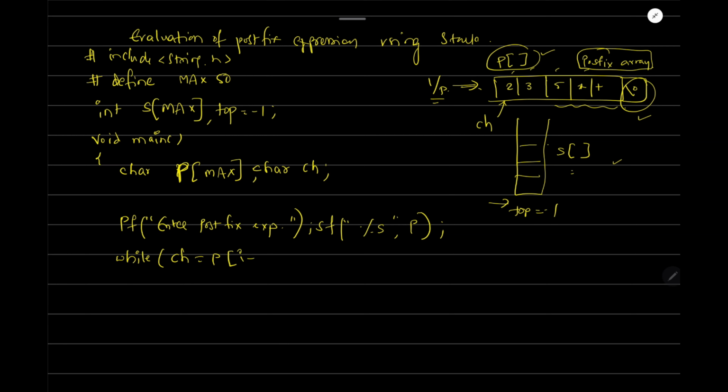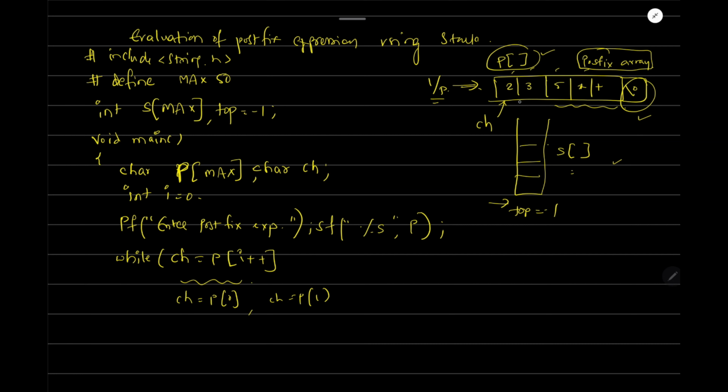Initially, let's say we'll be taking int i equal to 0. So initially ch is p[0]. In the next iteration, as i increases to 1, ch will be p[1].